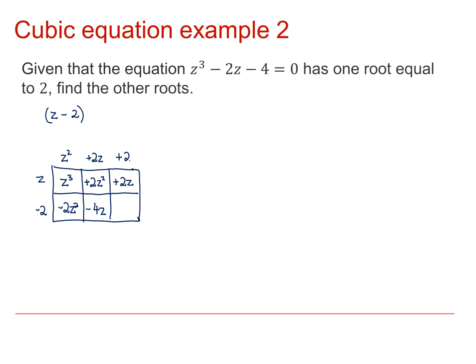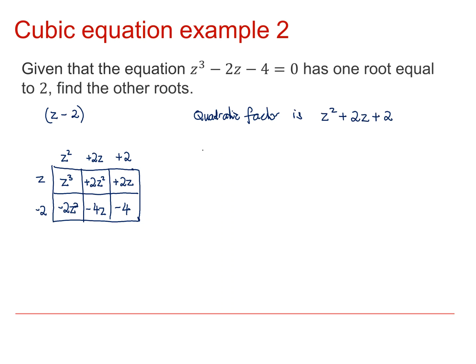So I need plus 2 there, which gives me minus 4 as my constant term, which is what I wanted. So the quadratic factor is z squared plus 2z plus 2.